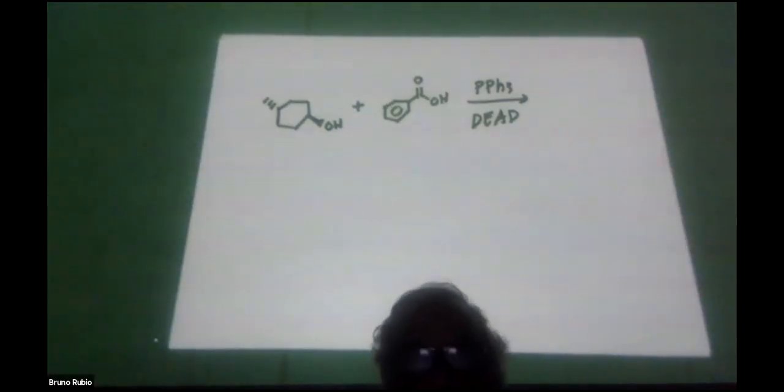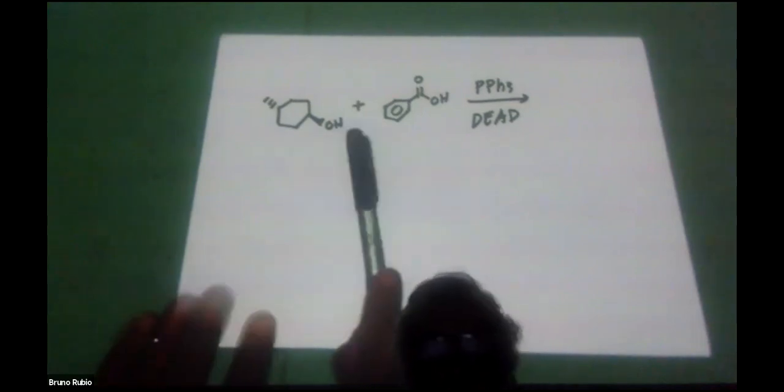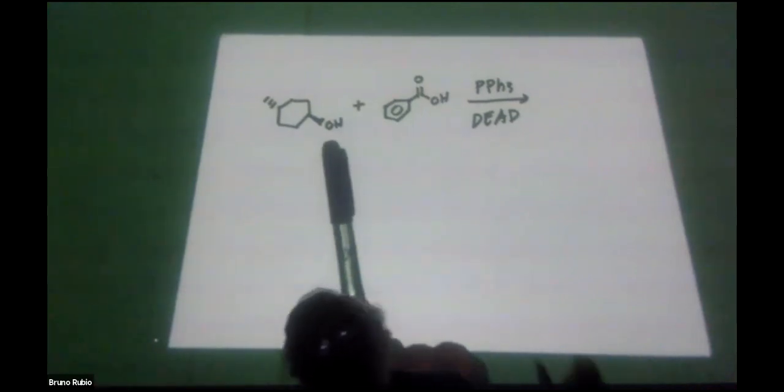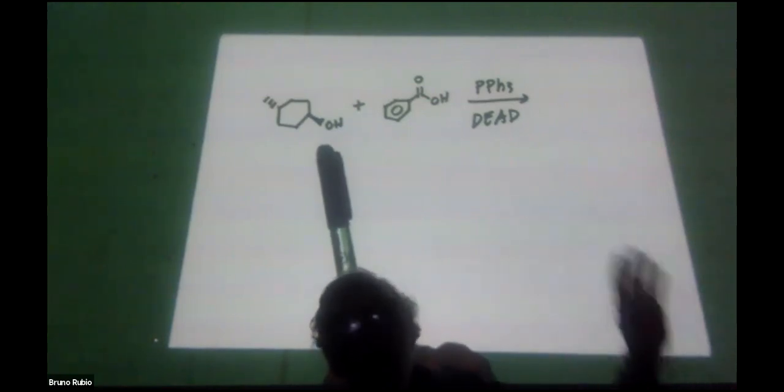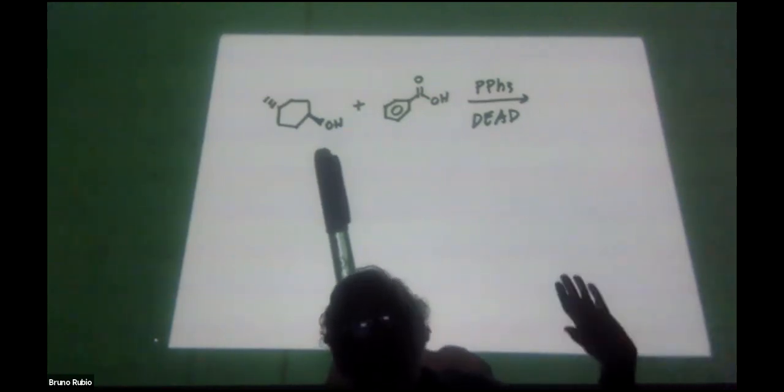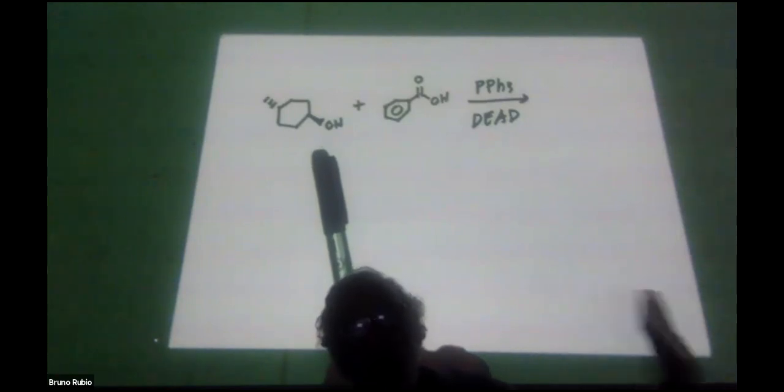It's a Mitsunobu. How do you know? It's the Mitsunobu recipe. You see that DEAD stuff. And so this is a reaction where the OH group is going to be converted to a good leaving group and the nucleophile is going to come in. It's all going to happen in one step with inversion of stereochemistry.